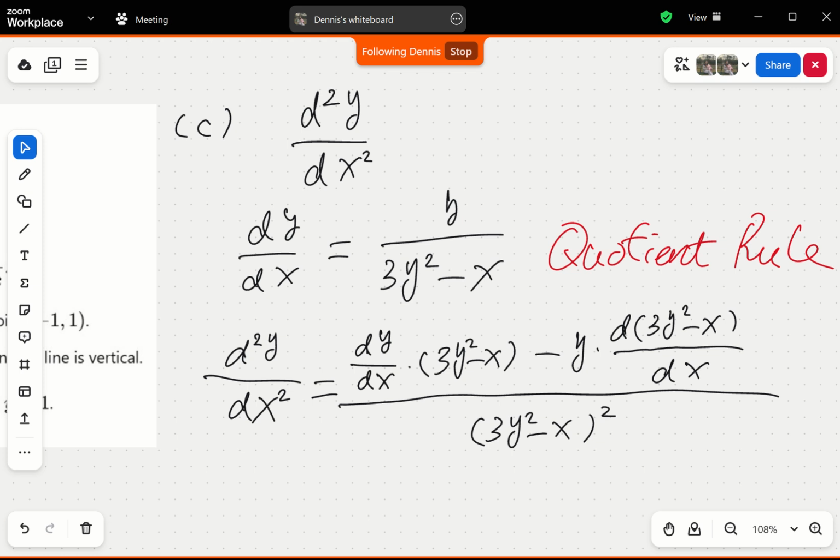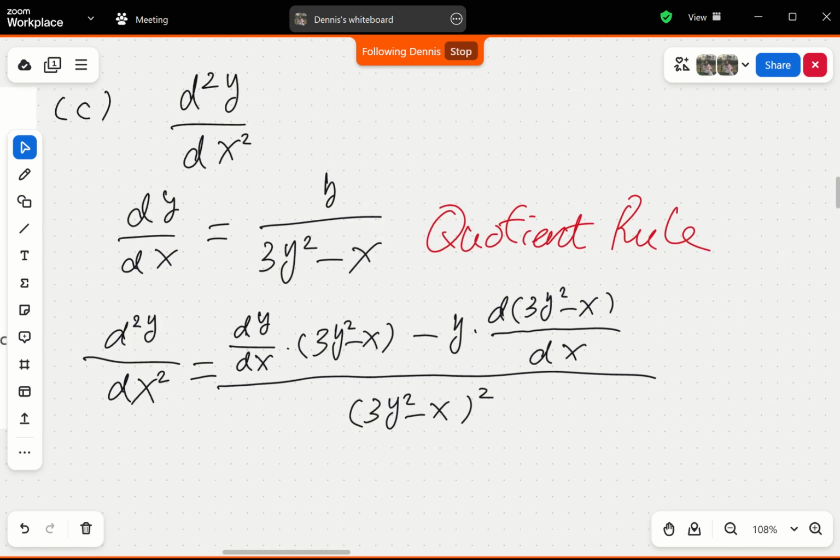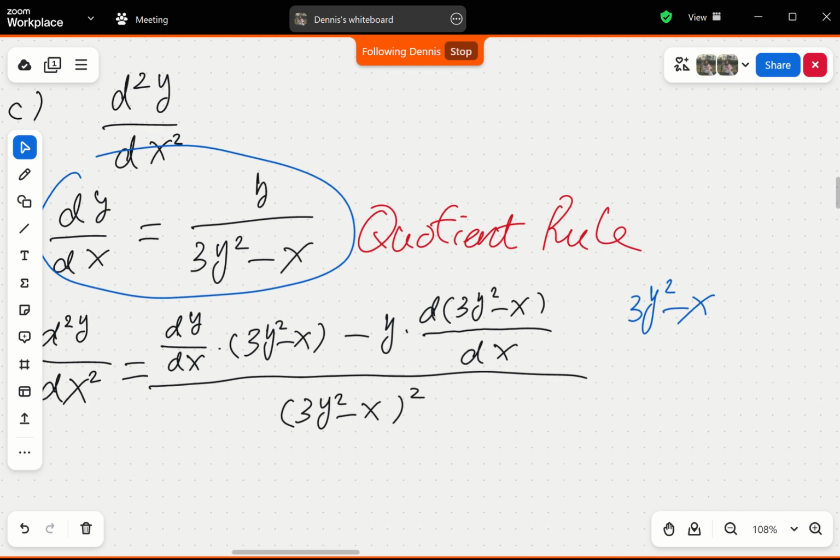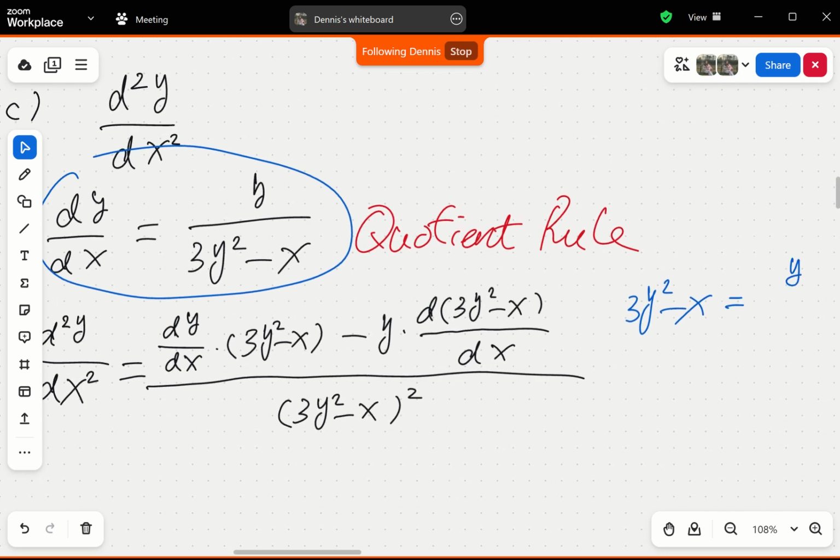Good. Okay, and we notice that we can have the 3y squared minus x expressed as y over dy with respect to x.